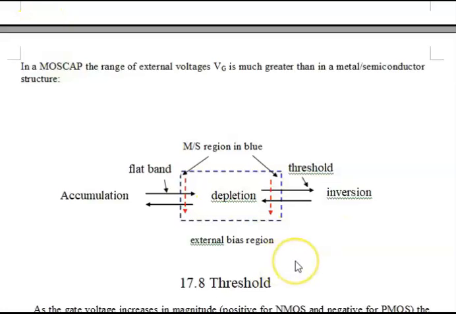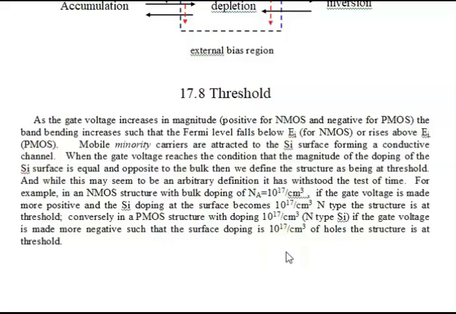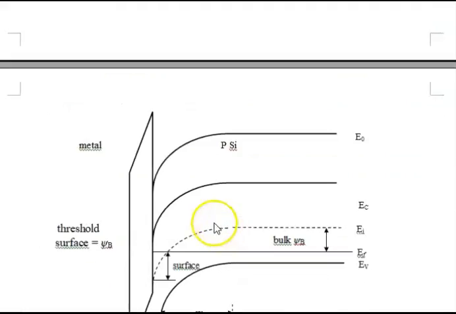And I suppose also by way of review, threshold, purely qualitatively: as the gate voltage increases in magnitude, more positive for NMOS, and this is the one we'll be concentrating on, the band bending increases such that the Fermi level falls below E sub I. Actually, I should say E sub I falls below the Fermi level.